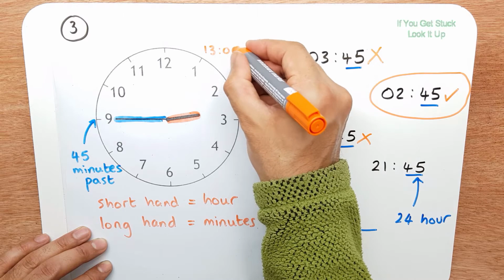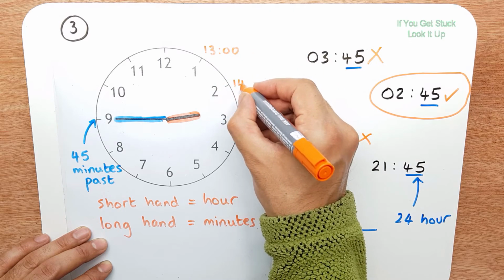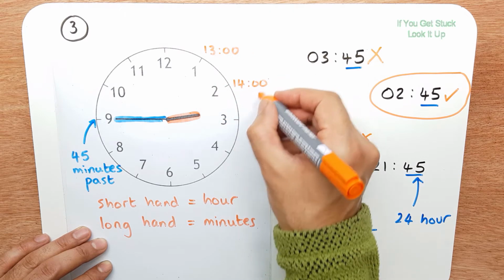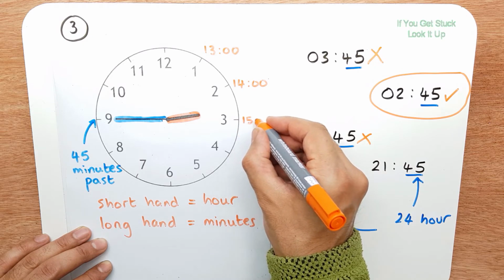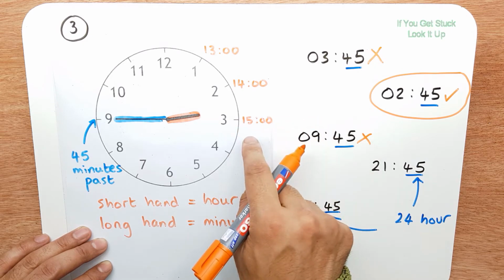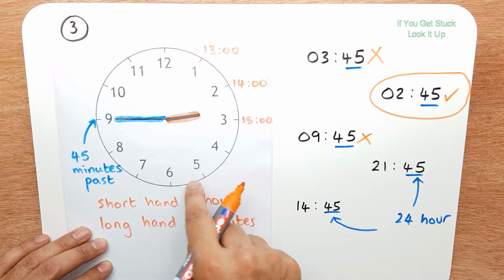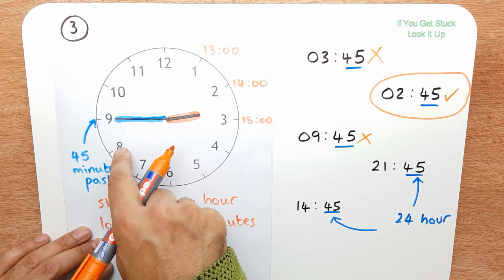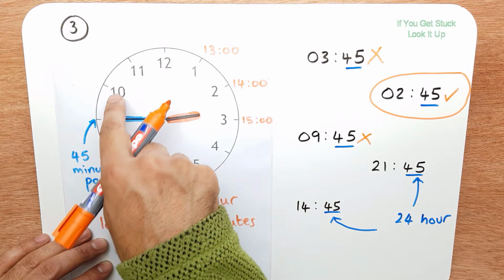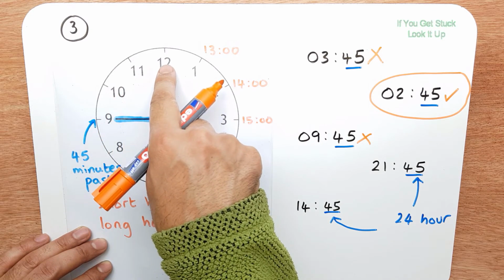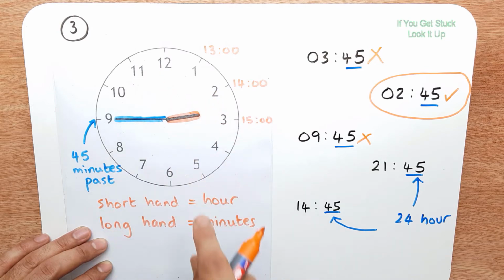Like this. And here, 14 o'clock. And 15 o'clock. And so on. And it goes this way. 16, 17, 18, 19, 20, 21, 22, 23, 24. So you have 24 hours in a day.